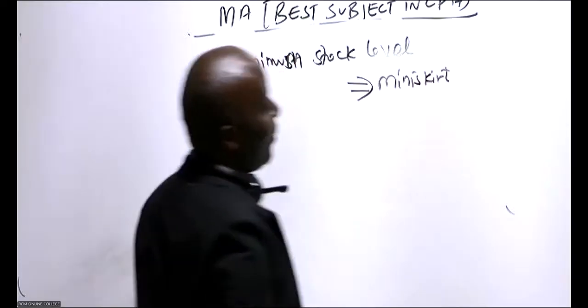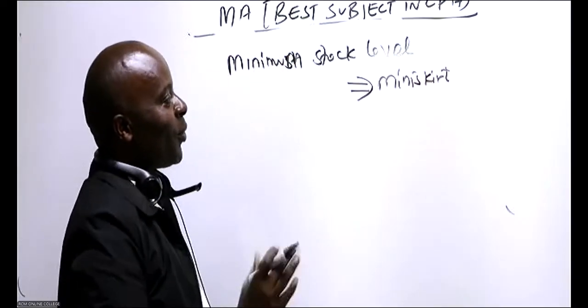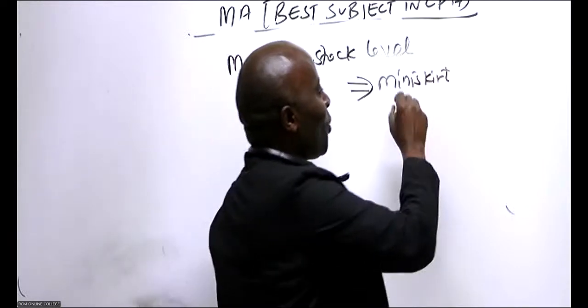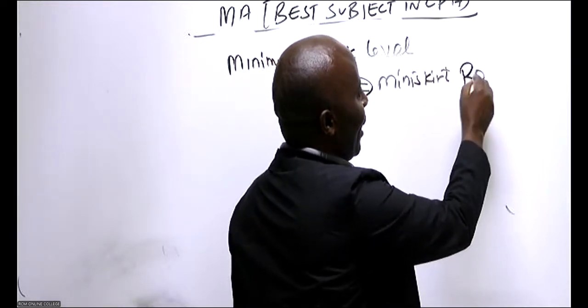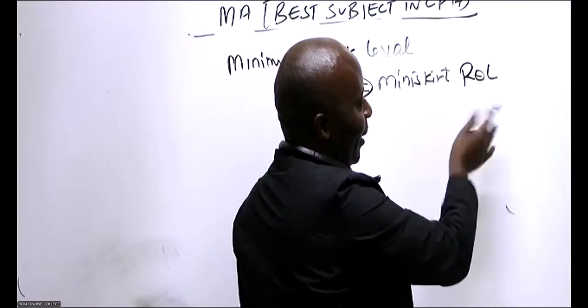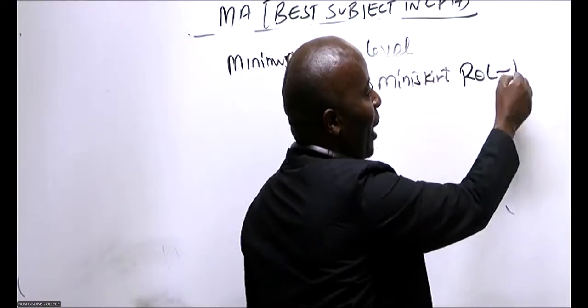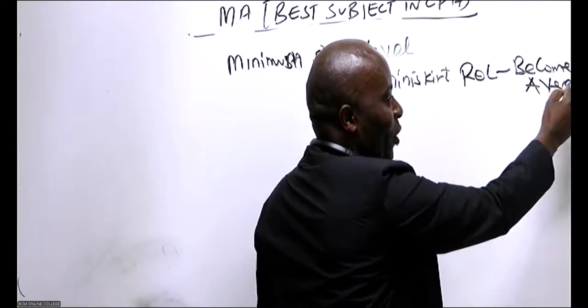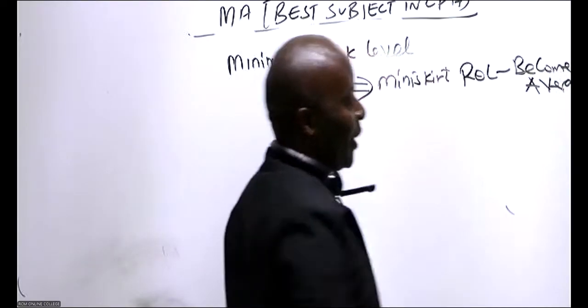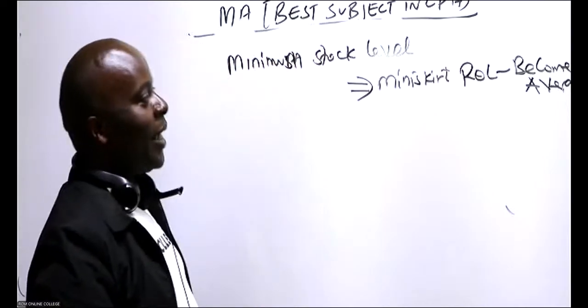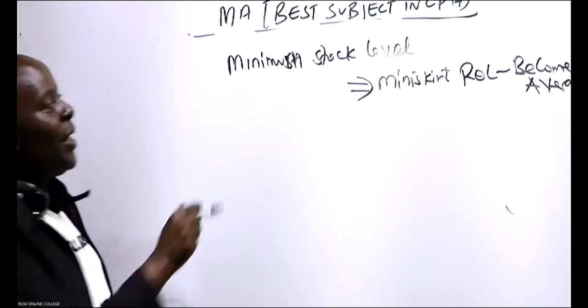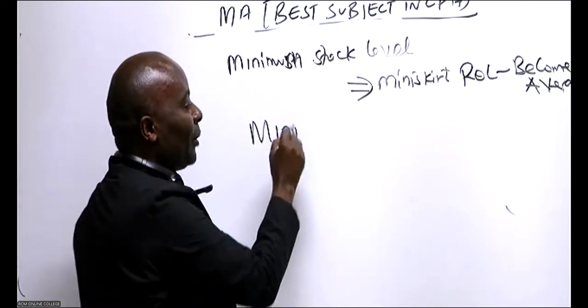So, the person who taught me these things a long time ago told me that if you roll your miniskirt, then automatically you become average. This is just for learning. If you have your miniskirts, please do it. So miniskirt, if you roll it, you become what here, somebody? Average.